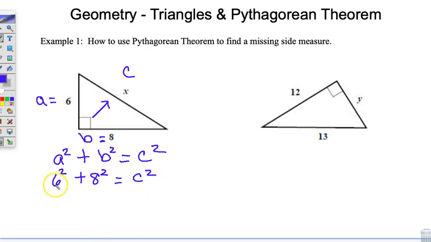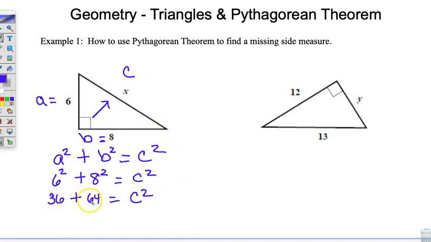Now when you're solving or simplifying an exponent like 6 squared, this means to take 6 times itself 2 times. So 6 times 6, or 6 squared, is equal to 36. 8 squared, or 8 times 8, is equal to 64. All of that is going to be equal to our missing measure.